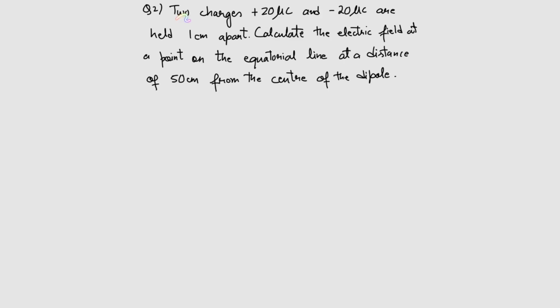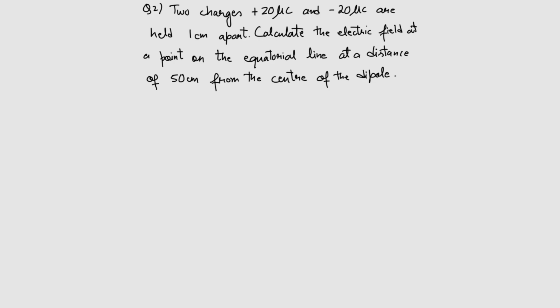Two charges of plus 20 microcoulomb and minus 20 microcoulomb are held 1 centimeter apart. Now calculate the electric field at a point on the equatorial line at a distance 50 centimeter from the center of the dipole.